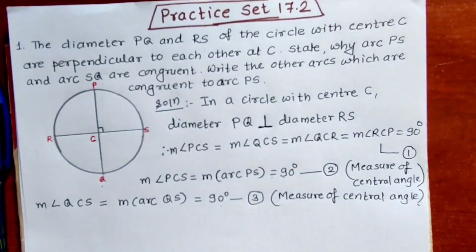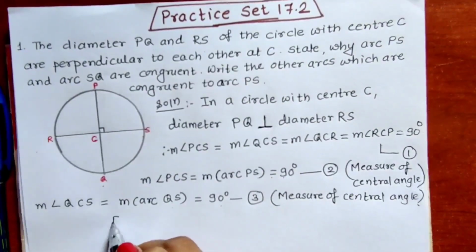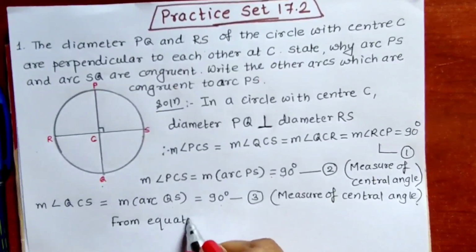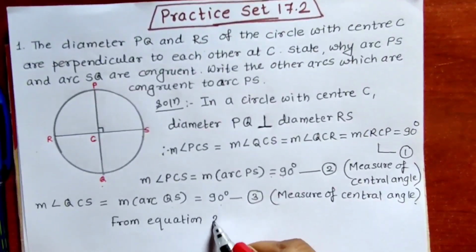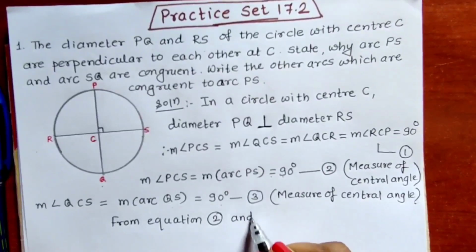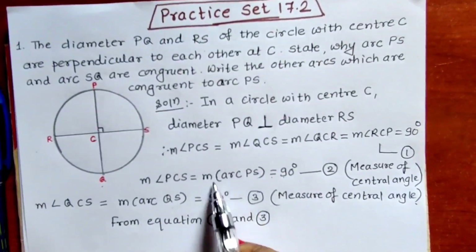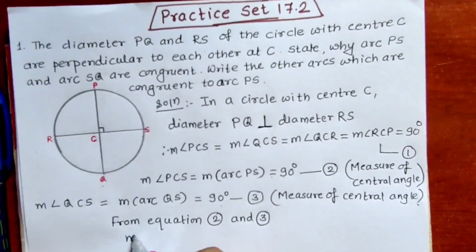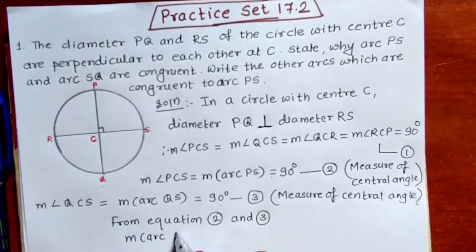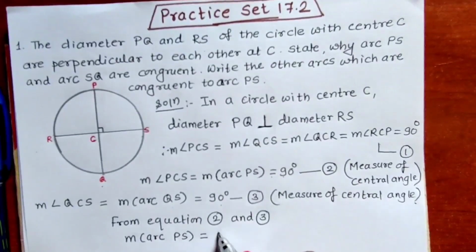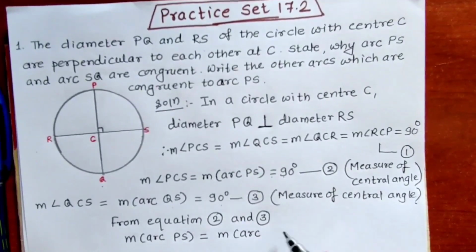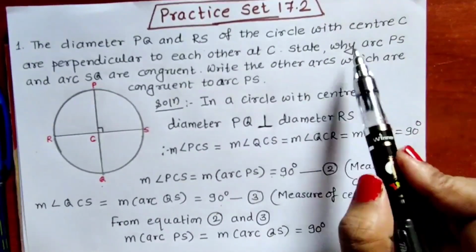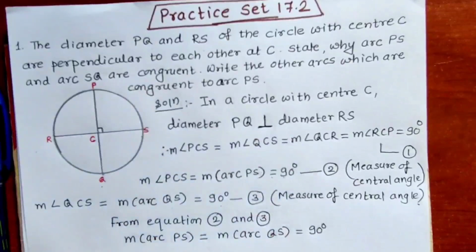So we have to write from equation 2 and 3, what we can write: measure of arc PS is equal to measure of arc QS. They both are equal to 90 degree, and that's why they are congruent with each other.